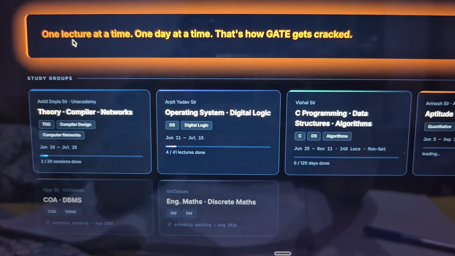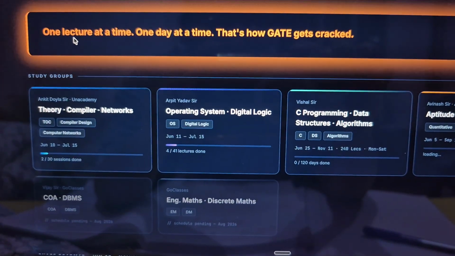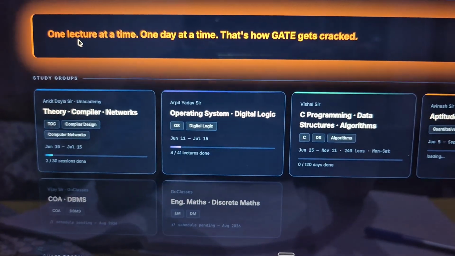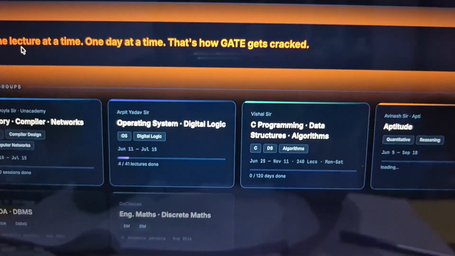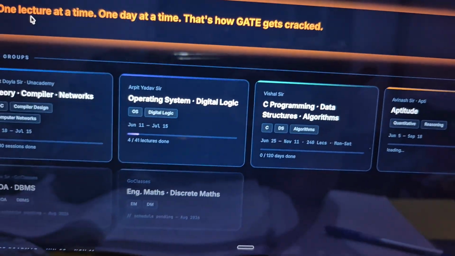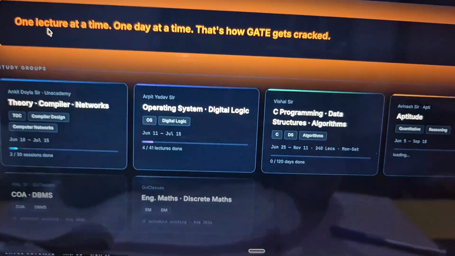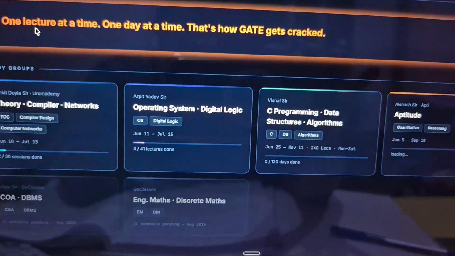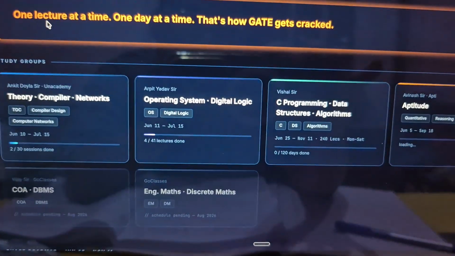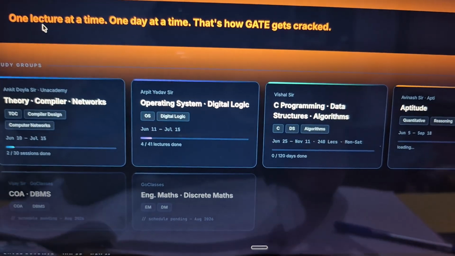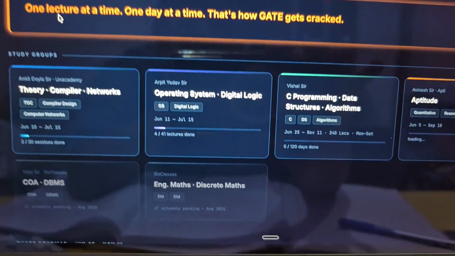So yes, we'll be consistent like this, pushing every day, overcoming the challenges that we face every day. Each day should be kind of a challenge for everyone, not the final day. Then only you'll be comfortable on the final day of the exam.